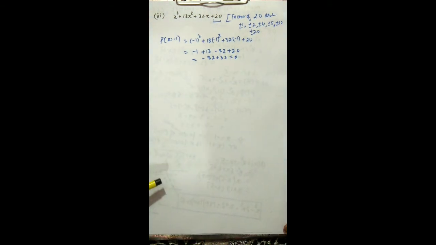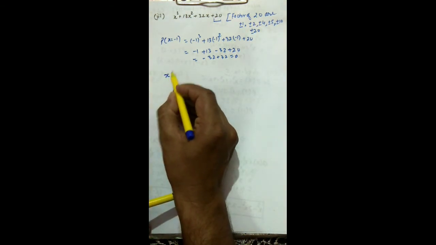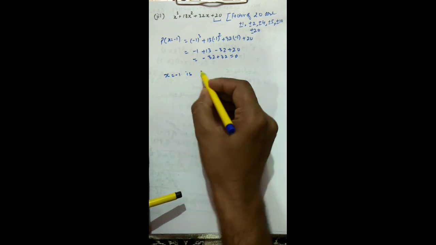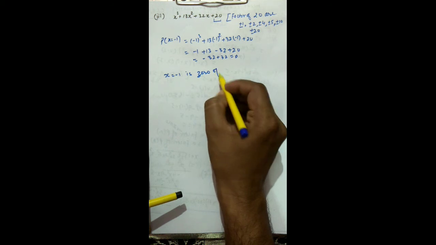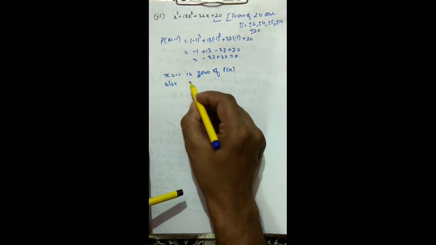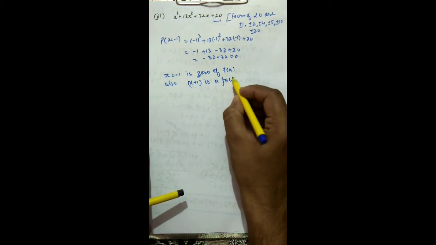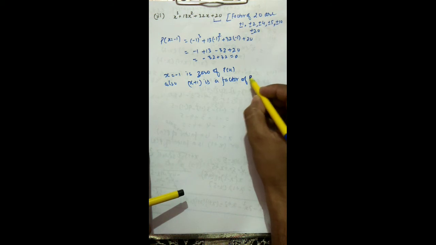So now we have got one factor, so I can say therefore x equal to minus 1 is a zero of p(x), but also you can write that x plus 1 is a factor of p(x).